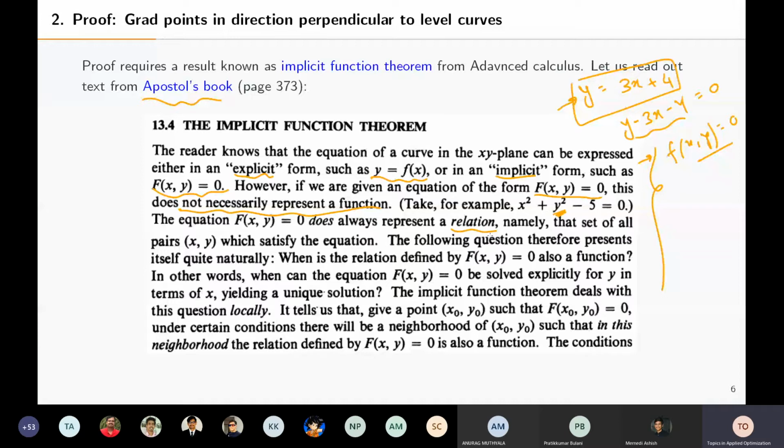I mean, relation is fine, right? But what you don't have is the function here, because for a function, there is a requirement that for a single input I cannot have multiple outputs. So for instance, here is some value x, let us say, then the function should have only one output.